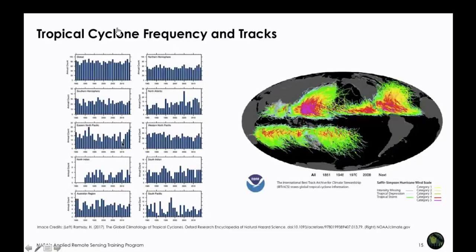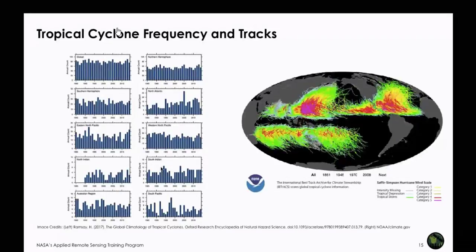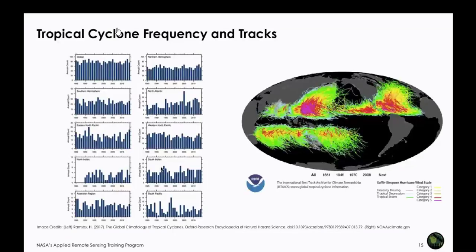And what you see is that each basin, say North Atlantic compared to South Pacific, has interannual variability. This is the Southern Indian Ocean. You do see variability from year to year, so it is not always easy to predict how many storms will form in which ocean basins, but that's basically the global picture that you get over the last several years.